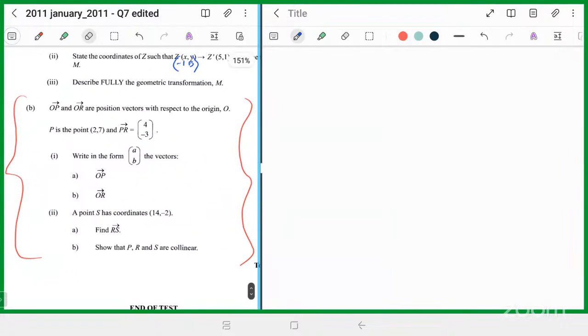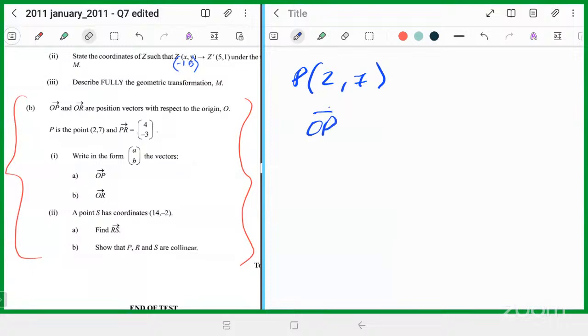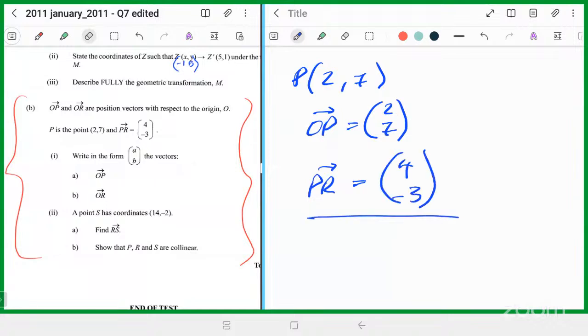All right. So they give us the point P, which is (2,7). It means that OP is (2,7). No calculation needed when you know the point. Then they give us the vector PR is (4,-3). And from this, they want to extract OR.